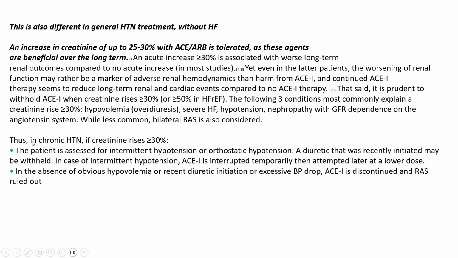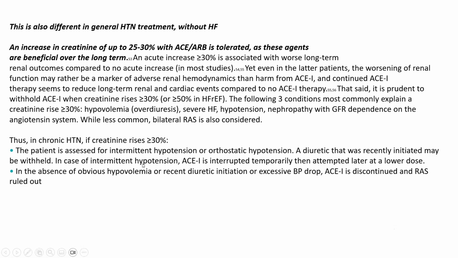So what to do if creatinine rises with ACE inhibitor over 30% in general hypertension treatment? This does not dictate permanent interruption of ACE inhibitor, even in general hypertension treatment. So what you do, you assess the patient for intermittent hypotension or orthostatic hypotension. A diuretic that was recently initiated may be withheld.